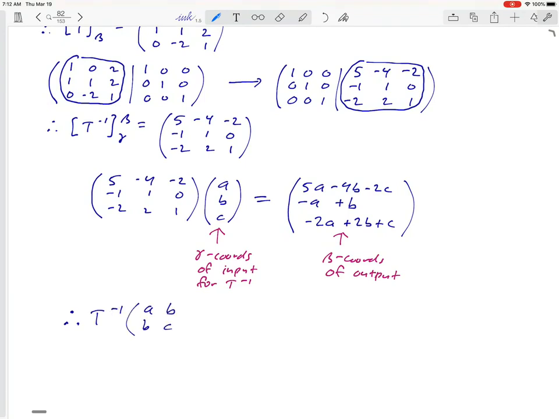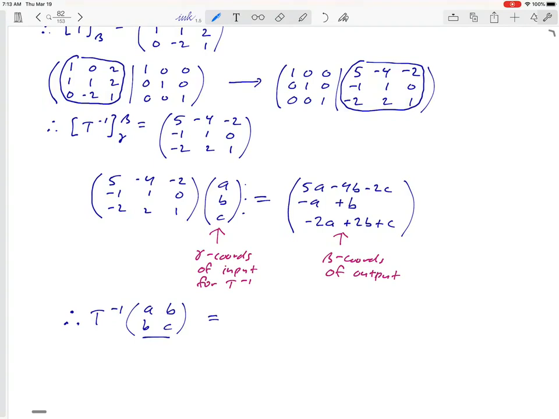What that gives us is T inverse of the matrix [A, B; B, C]. The A, B, B, C that you see here comes from taking the A, B, and C up here and putting those in front of our basis vectors for gamma one at a time.